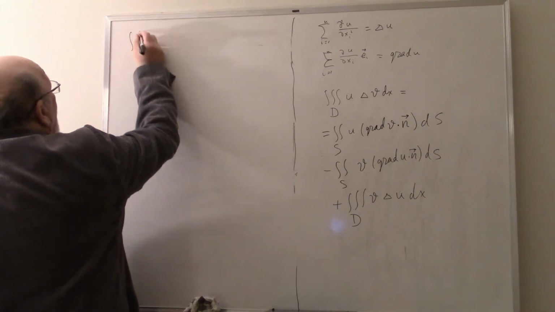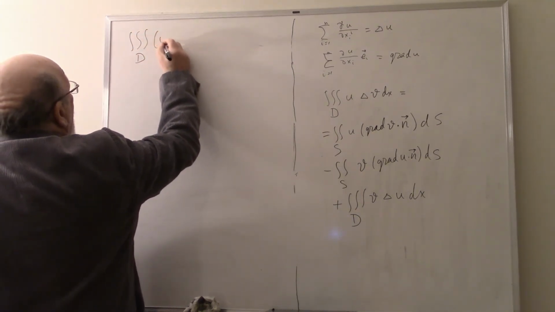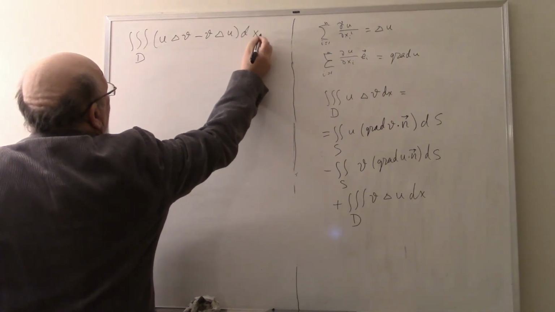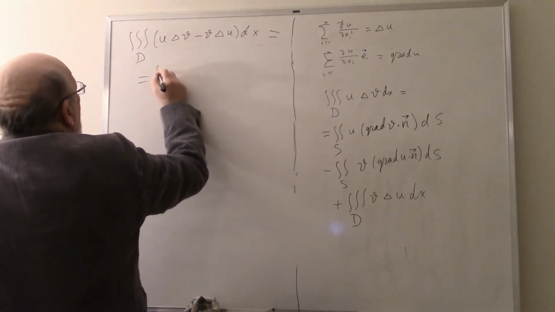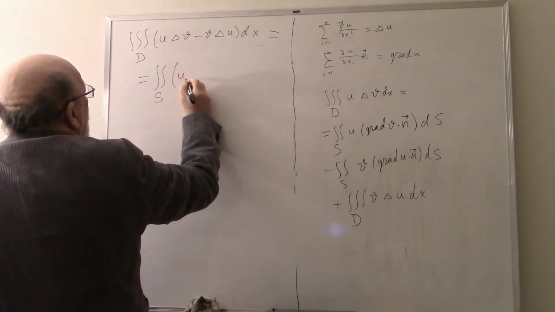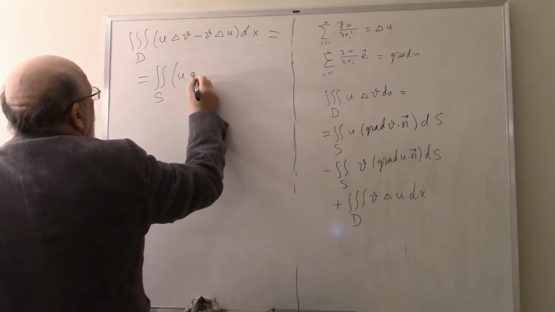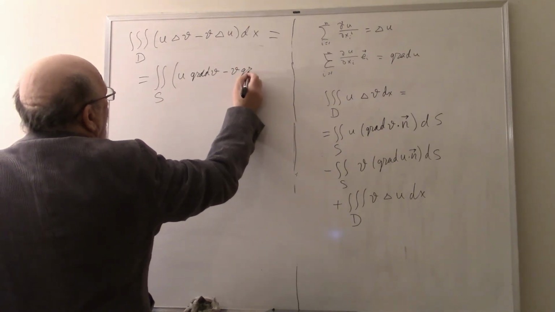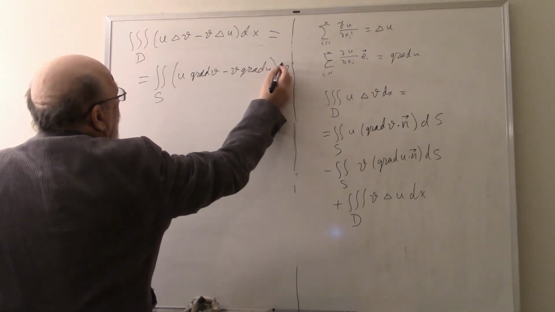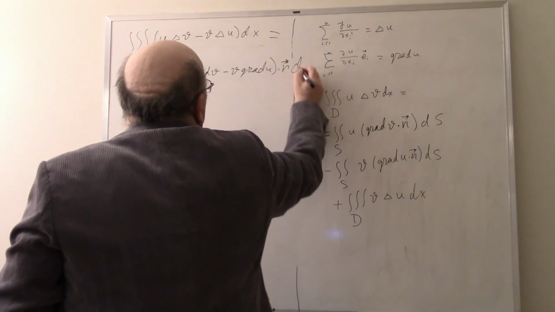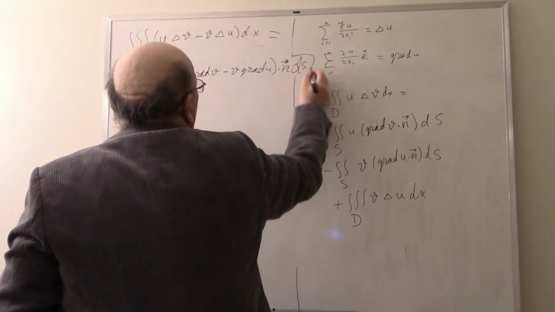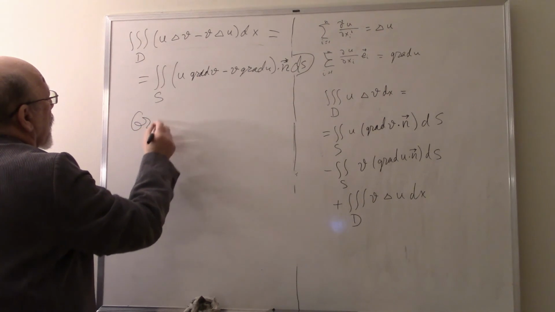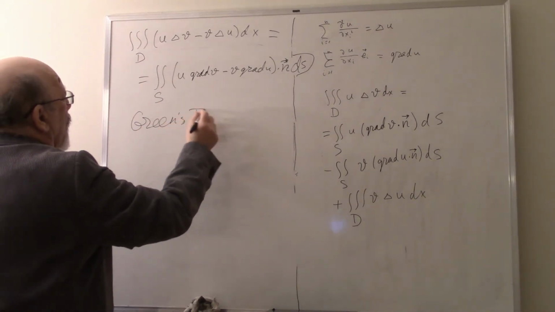So the integral over D of u Laplacian v minus v Laplacian u dx is equal to the integral over S of u gradient v minus v gradient u, dot n, ds. This is called Green's formula.